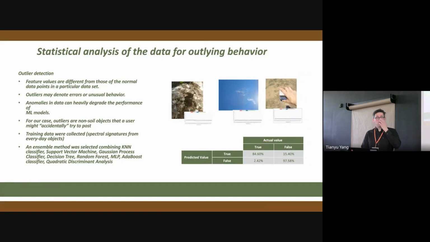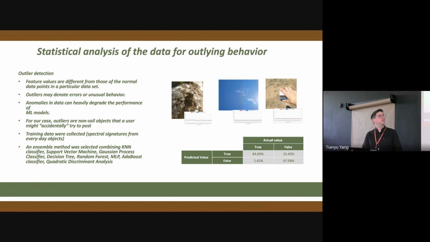And because we intended this to be used by non-experts, meaning people that participated in a workshop where we trained them, we thought that many errors could be produced and the database could be filled with garbage. So we added a statistical analysis classifier that could identify if the captured spectral signature was not coming from soil.